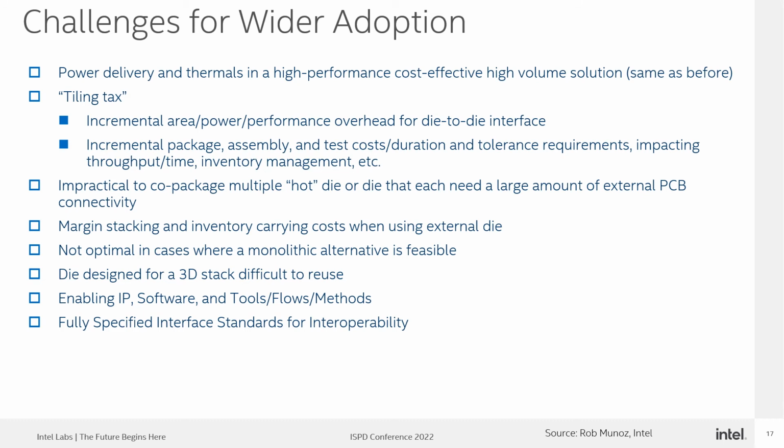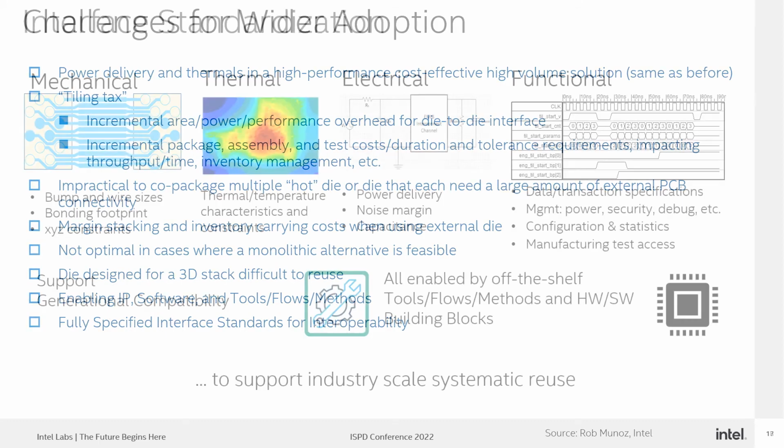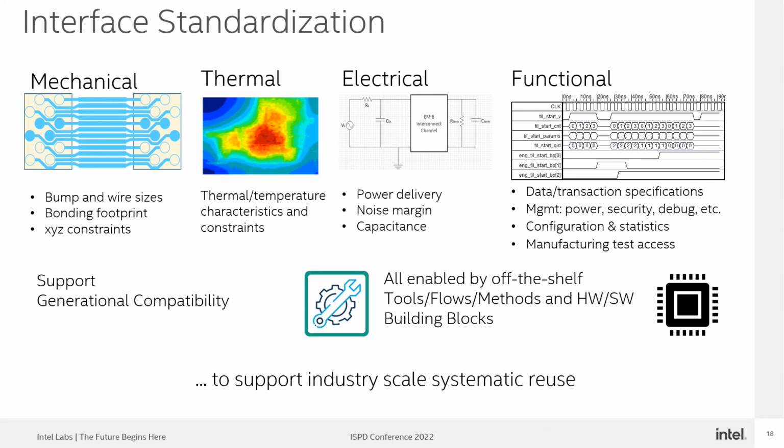We need to enable IPs, IP repository, software repository, tools, flows, and methods. And the interface standards and interoperability have to be fully specified. That's the next slide. I wanted to make a point that the interface has to be standardized at mechanical, thermal, electrical, and functional level. Each of these avenues has different requirements and we have to satisfy a standard.